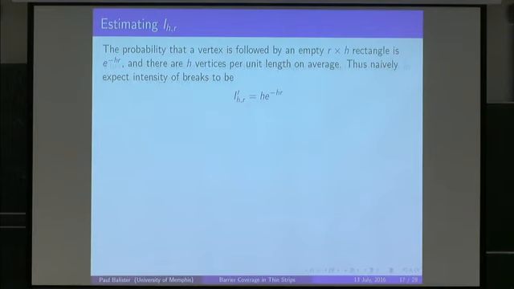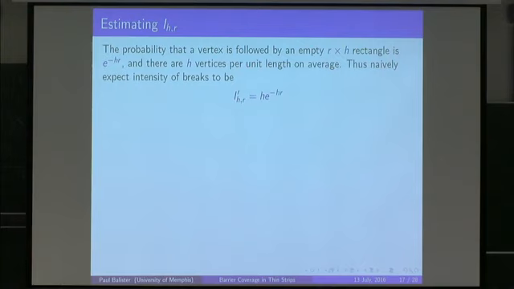Going back to a naive idea of a break looking like a rectangle, the probability a vertex is followed by an empty R by H rectangle is exactly e to the minus HR.